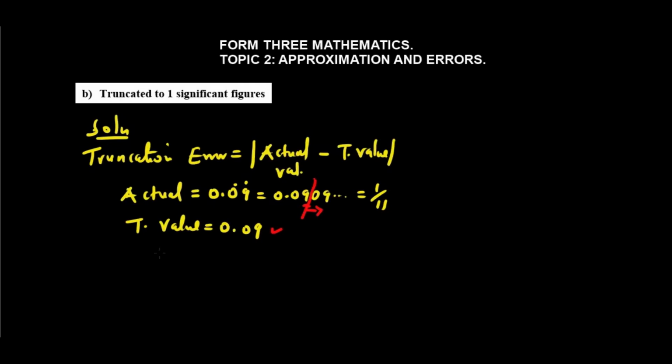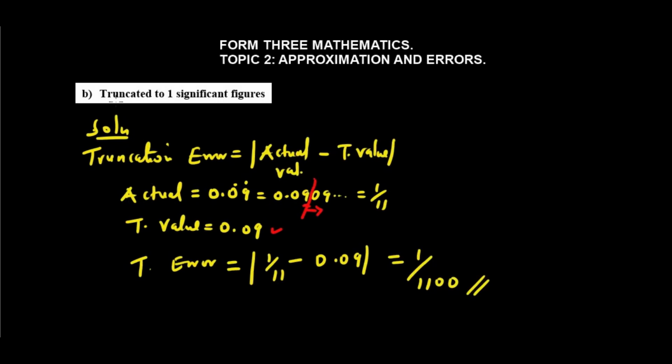So from there, we can now get the truncation error, and we will simply have the actual value, which is 1/11, minus the truncated value, which is 0.09. Now when this is worked out, we get 1/1100.